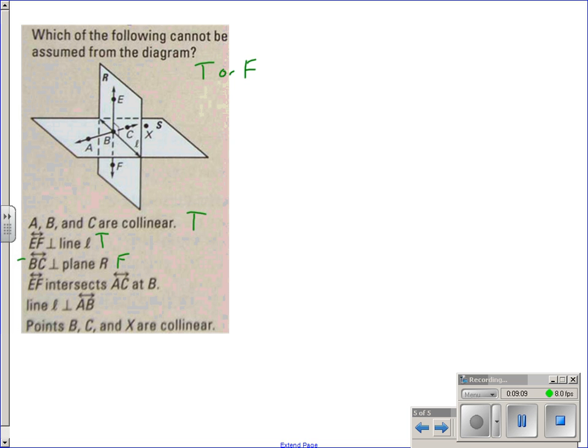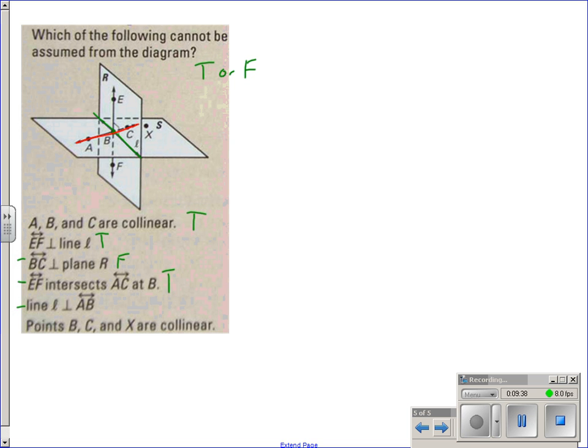All right, so let's see, we're on to number 4. Line EF intersects AC at point B. Two lines intersect at a point. EF and BC are intersecting there at point B. True. All right, the 5th one, line L is perpendicular to line AB. Okay, this is line L. Line AB is there.